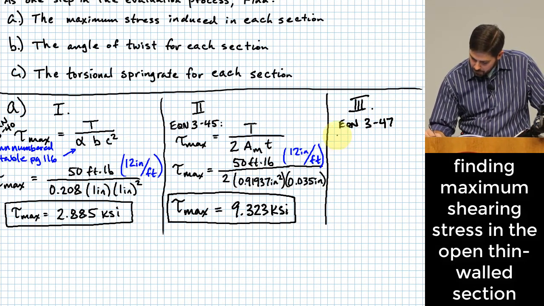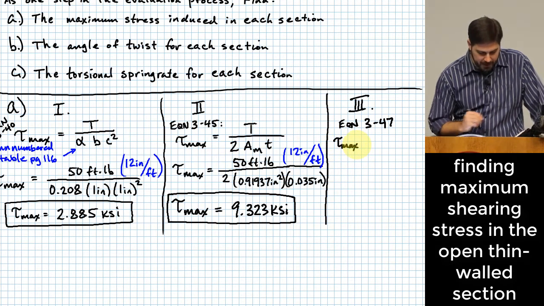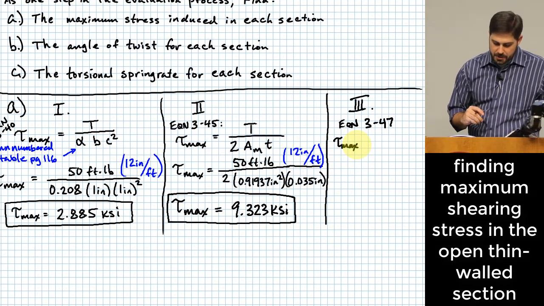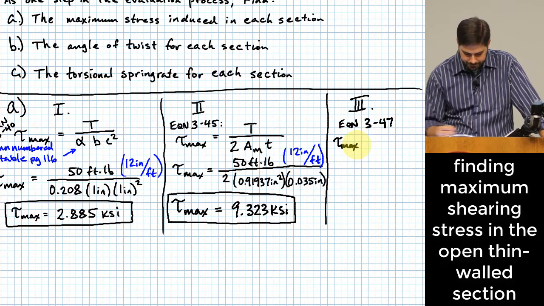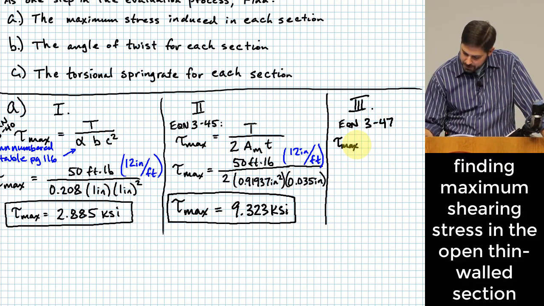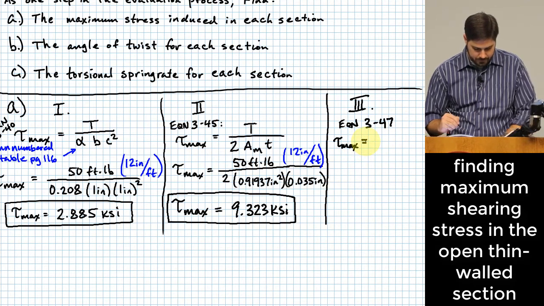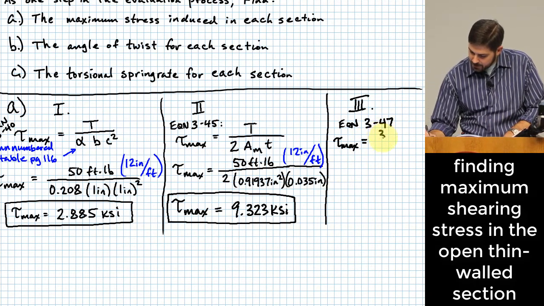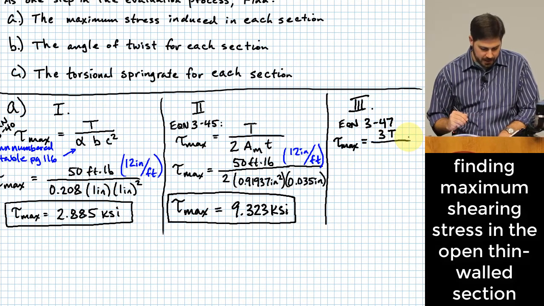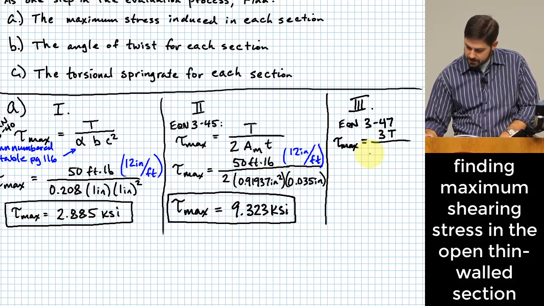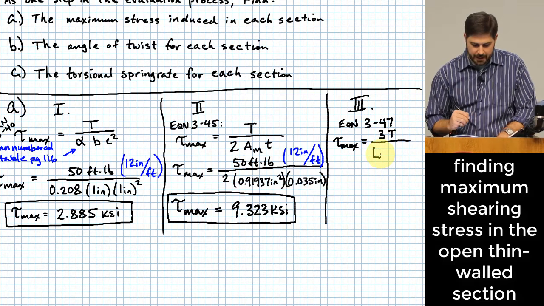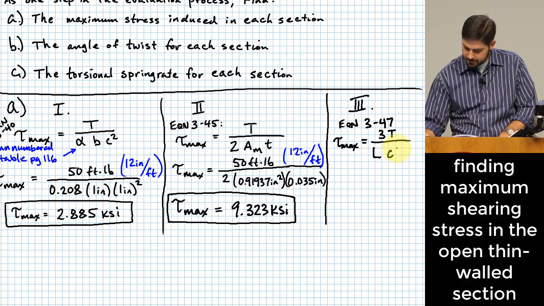Okay, so the max stress that you get out of equation 347 is going to be equal to 3 times the torque divided by L C squared.